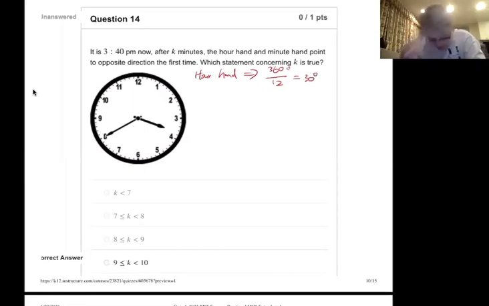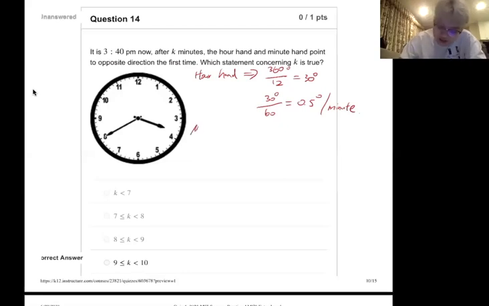And there are 60 minutes in 1 hour, so each minute it will move 0.5 degree. That's the hour hand.